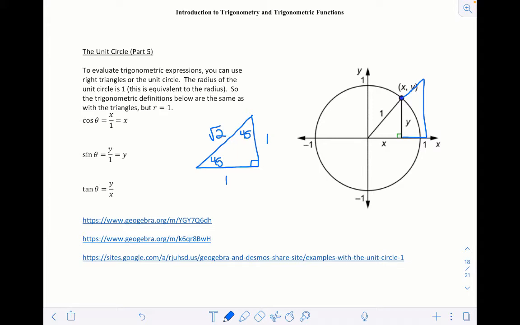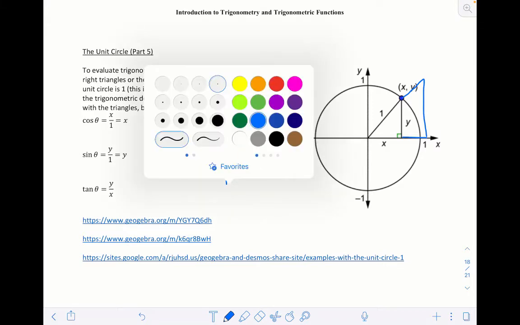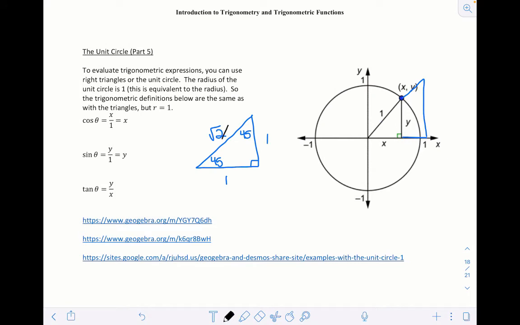And what we could do here to get that is actually divide the hypotenuse by square root of 2, and then we could do the same thing for the other sides as well, to keep it consistent, to make sure that it's still going to be a similar triangle. So then that triangle becomes 1, and then 1 over square root of 2 is the same as square root of 2 over 2.